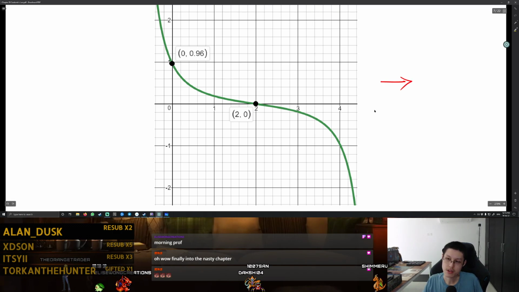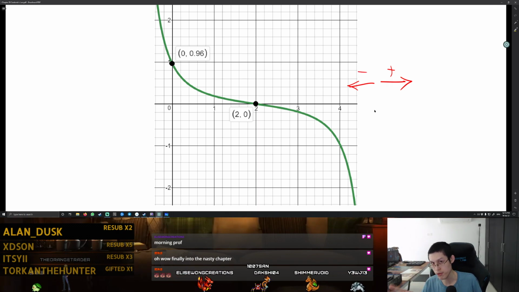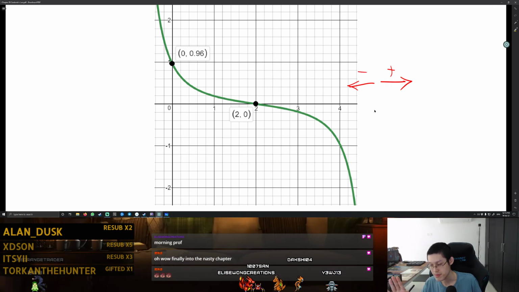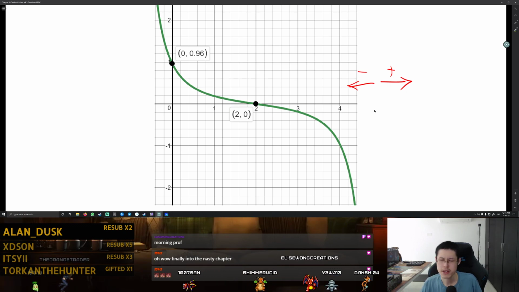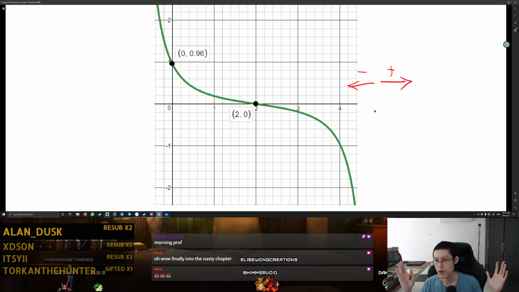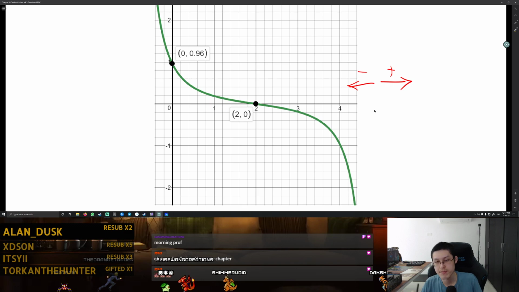Going to the right is positive, going to the left is negative, okay? The convention could be the other way around. But it depends whether the question tells you whether the convention is this way or that way. But the point is, one way will be positive, one way will be negative, okay? So for this specific scenario, I'm going to go with this convention.